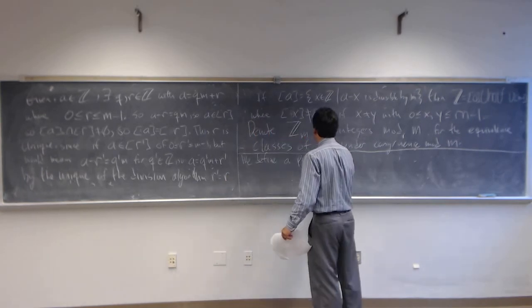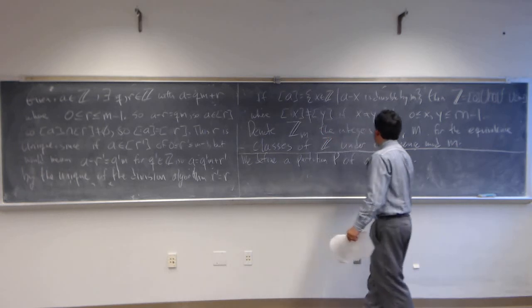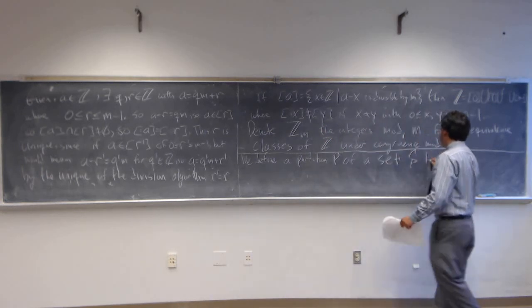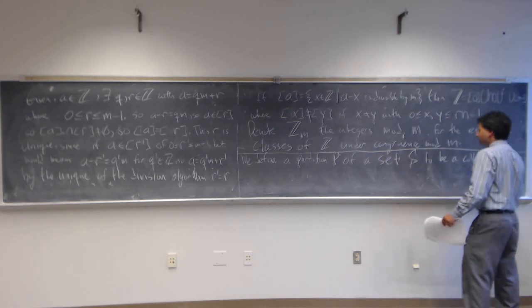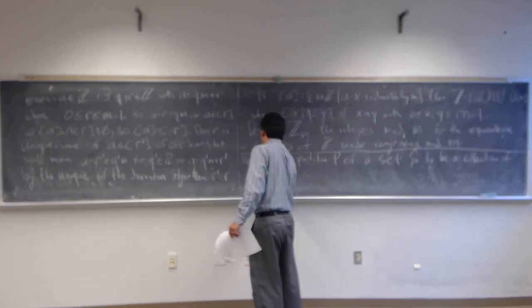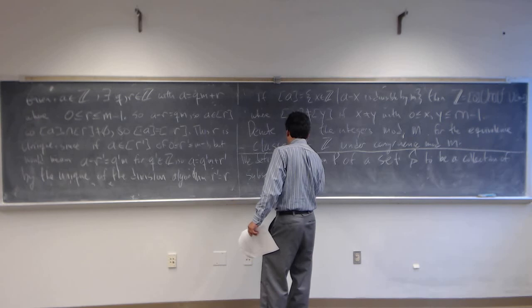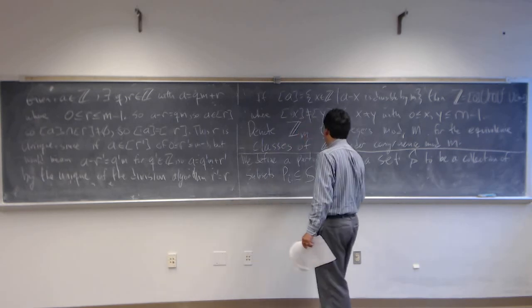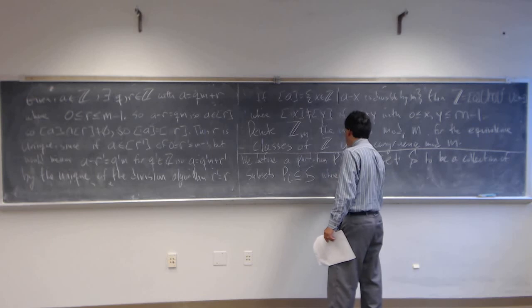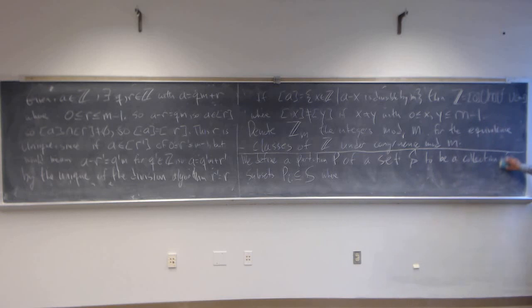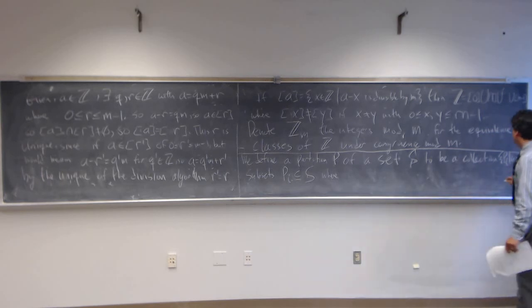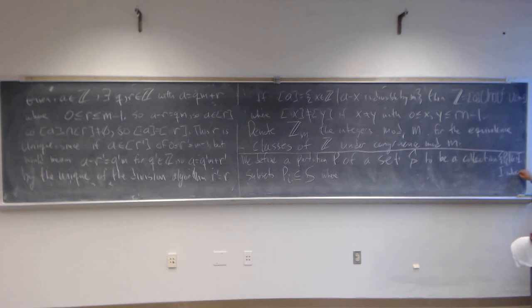So we define a partition P of a set S to be a collection of subsets P sub i, where each P sub i is a subset of S, for i in some capital I. Capital I is just like an index set.